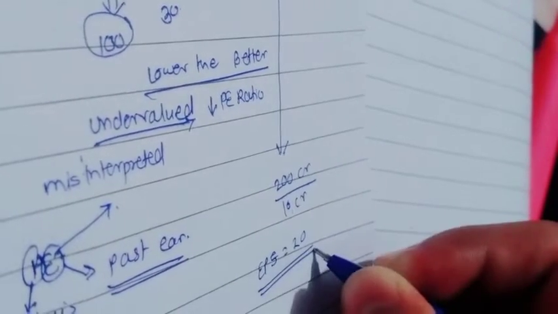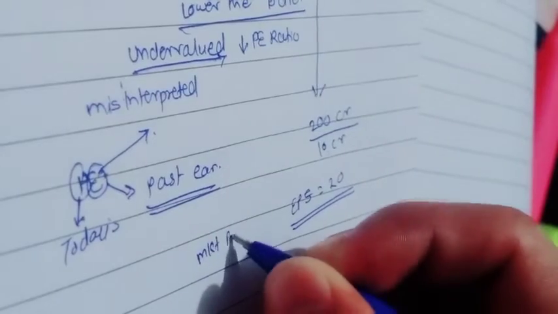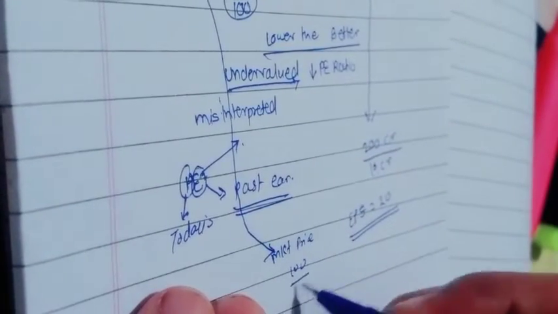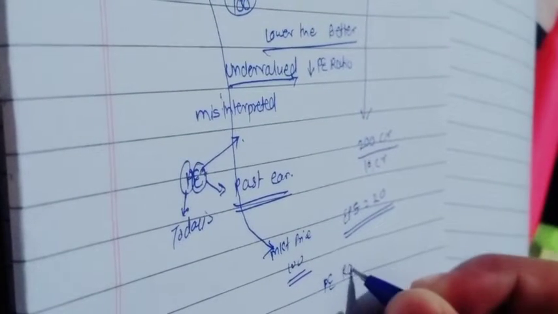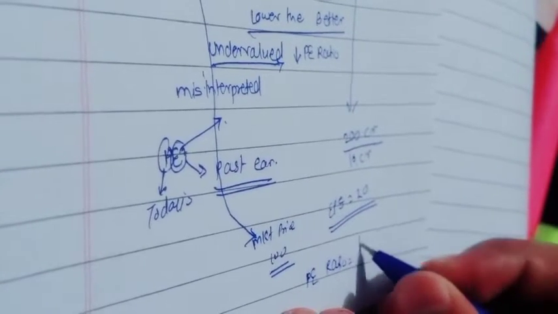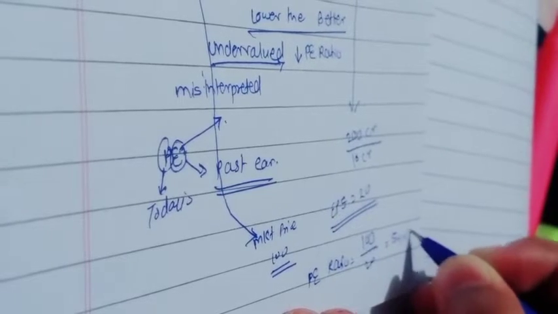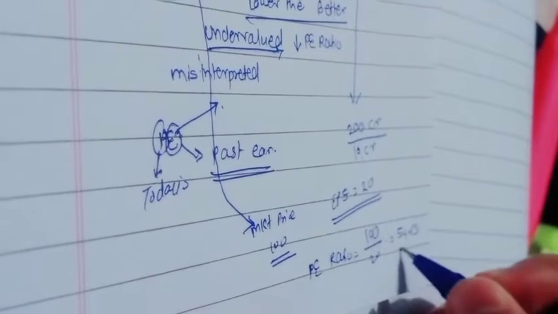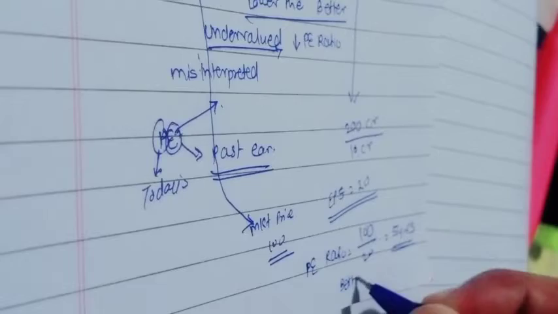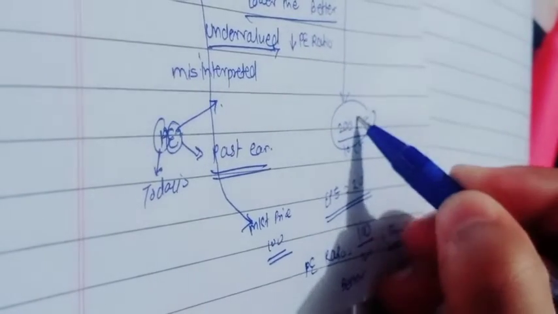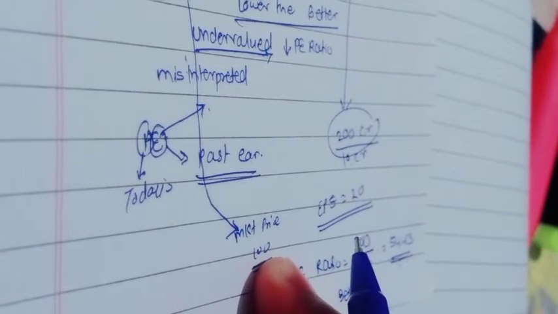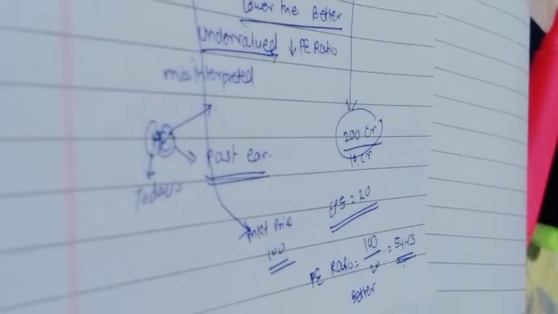If the market price of the share is rupees 100 as taken above, then our new PE ratio is rupees 100 by 20, that is 5 years. So the PE ratio changes and it came to 5, which is better because our earnings are much higher. Earnings increased, so the PE ratio decreased, and hence the stock is undervalued. So we can say this is a good stock.